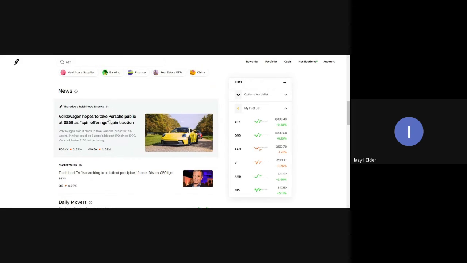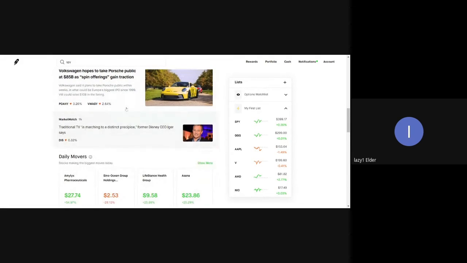It looks like they're looking to buy Porsche. Of course, I could be wrong about the buying part, because like I said, this is my first look at it. I just saw this news. But it looks like they could be purchasing Porsche in some way or form. That's pretty big news for anybody in the automotive industry, so that could be important for them to look at.